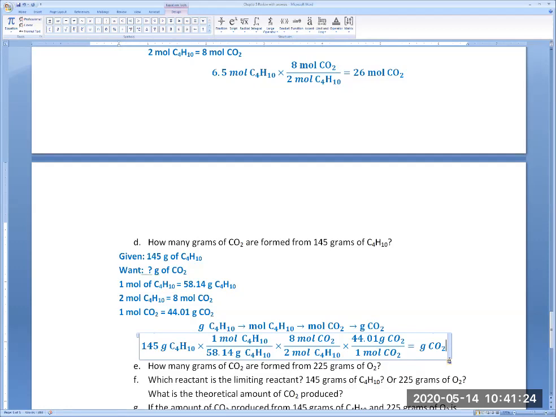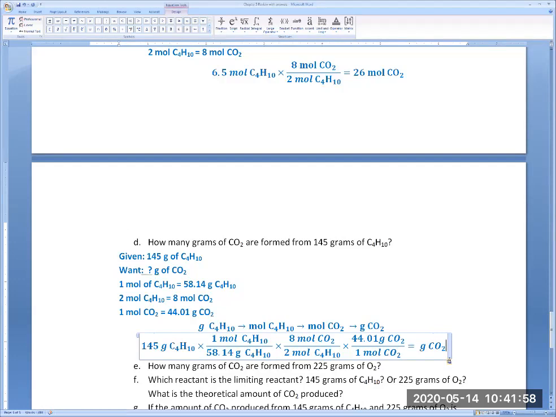So in the calculator, you do 145. I advise to multiply all numerators together and then divide by each denominator. There's other ways to do this. You can also multiply the numerators together and then divide, open the parentheses, and then multiply the denominators together. To avoid using parentheses, I just multiply all the numerators together.